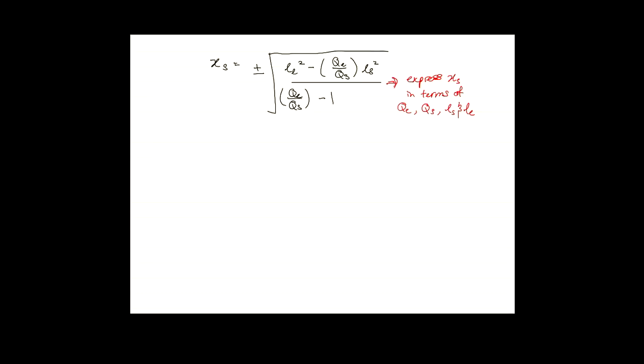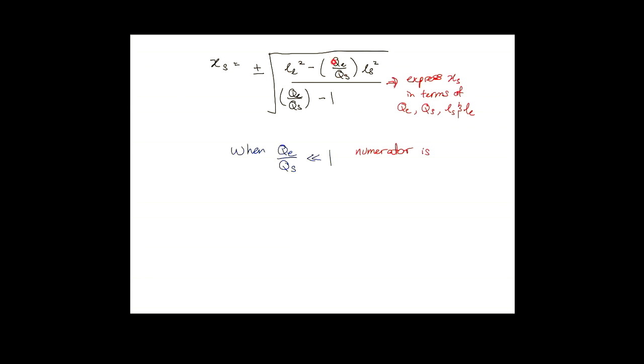I'm going to write a few conditions down. When qe over qs is less than 1, can you tell me what's going to happen to the numerator? Is it positive or negative?